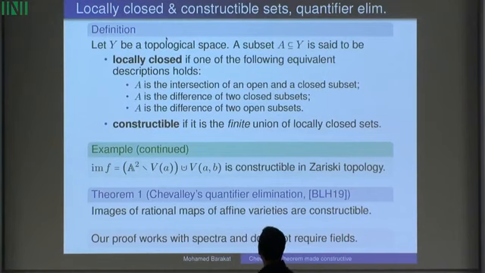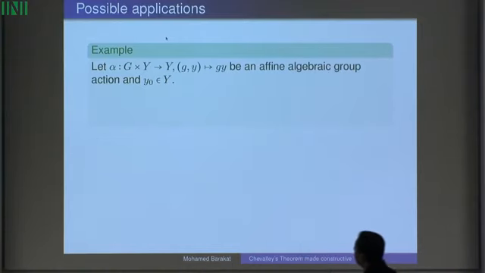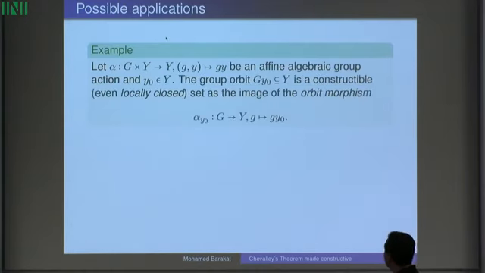So let's proceed. An example which would be interesting for this conference is looking at an action of an algebraic group, in this case an affine algebraic group, acting on an affine variety. And then we see that the group orbit is constructible.